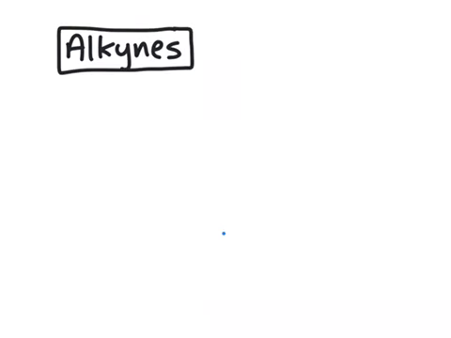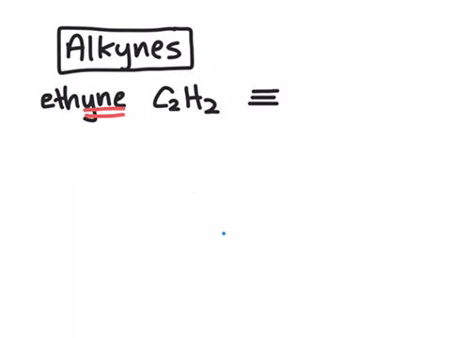When naming and drawing alkynes, the same general rule as alkenes will apply. So our first alkyne is ethyne, because we can't have a triple bond between just one carbon atom, and we've changed our suffix here to yne. So ethyne will have the formula C2H2, and will look like 3 bonds, where our carbon atoms are located here and here.